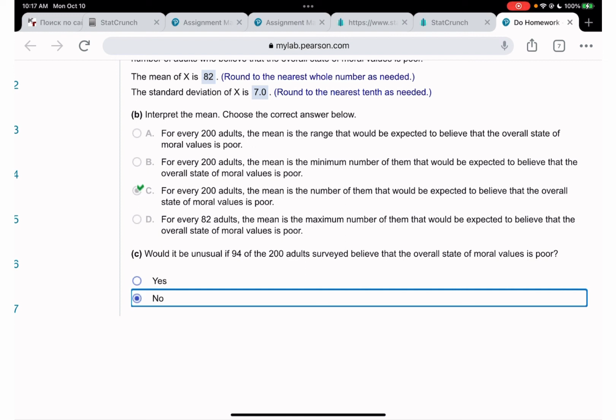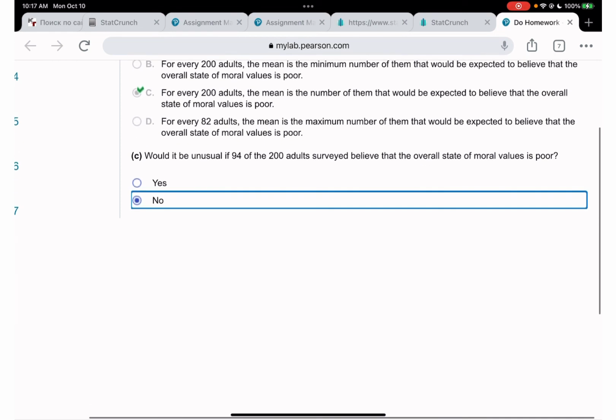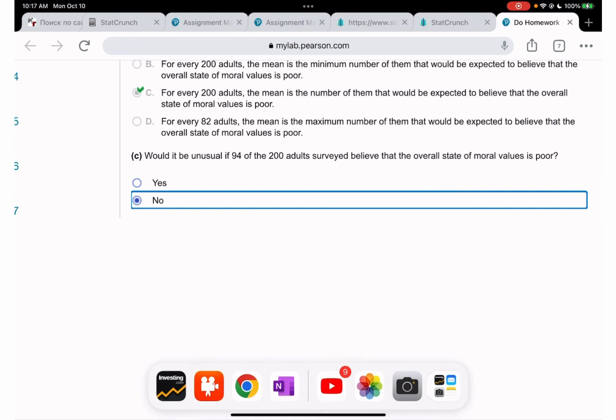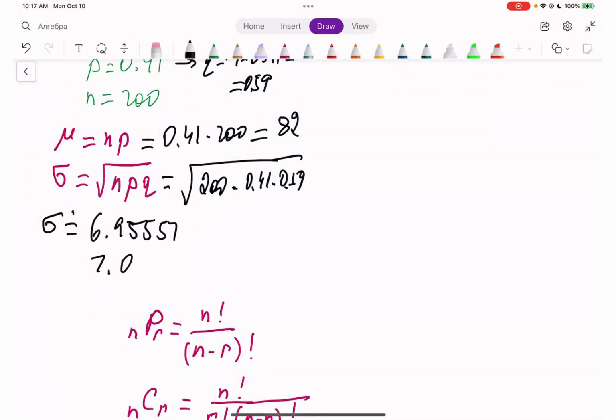To understand standard deviation in detail, I would recommend you watch the video about standard deviation. The thing is, one standard deviation, let me see if I can write it down to show you. Mu plus minus one standard deviation makes 68% of data.